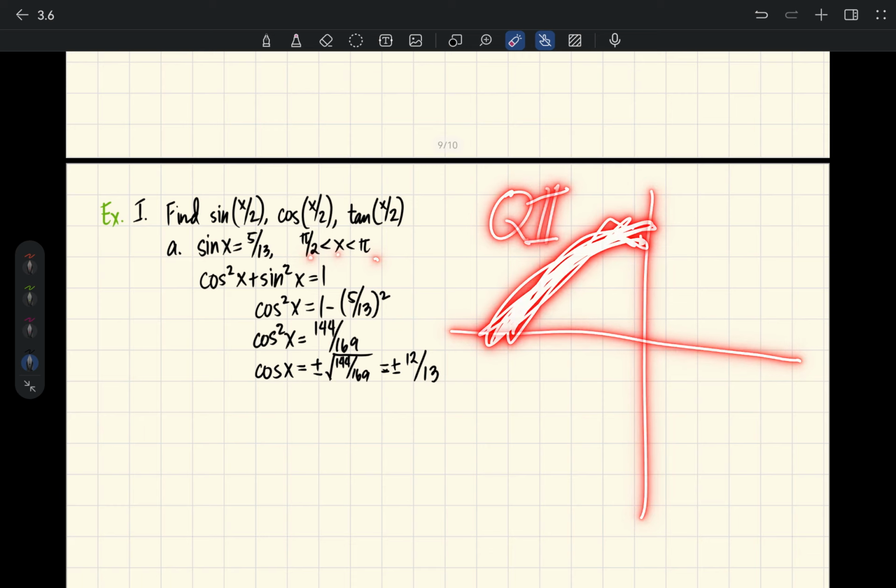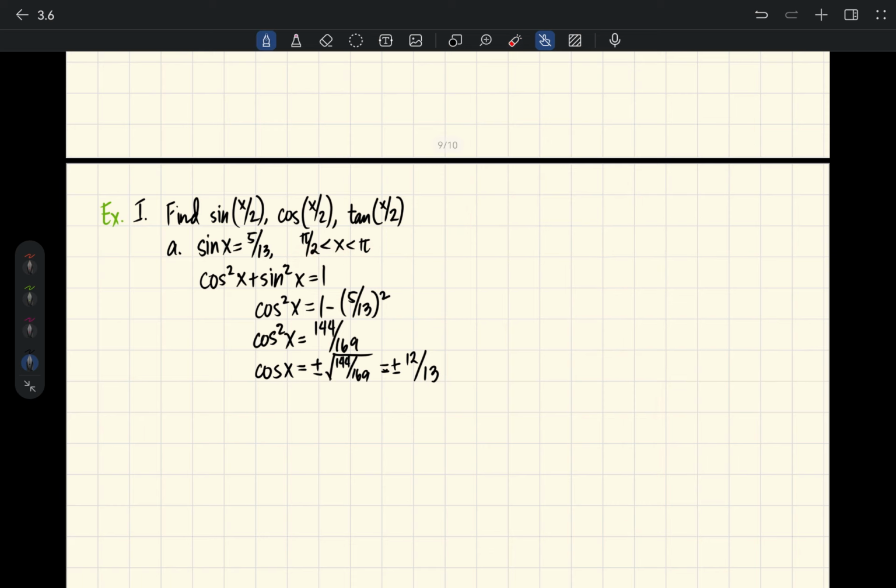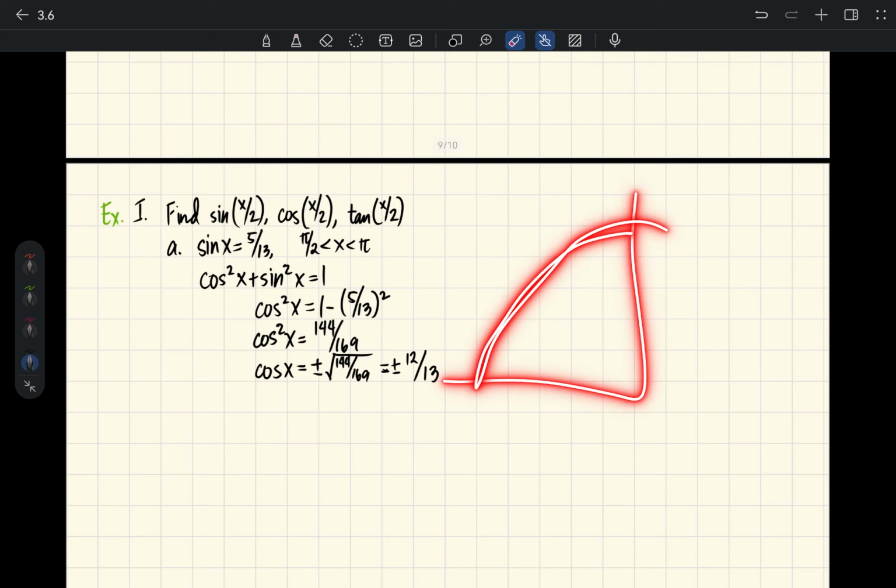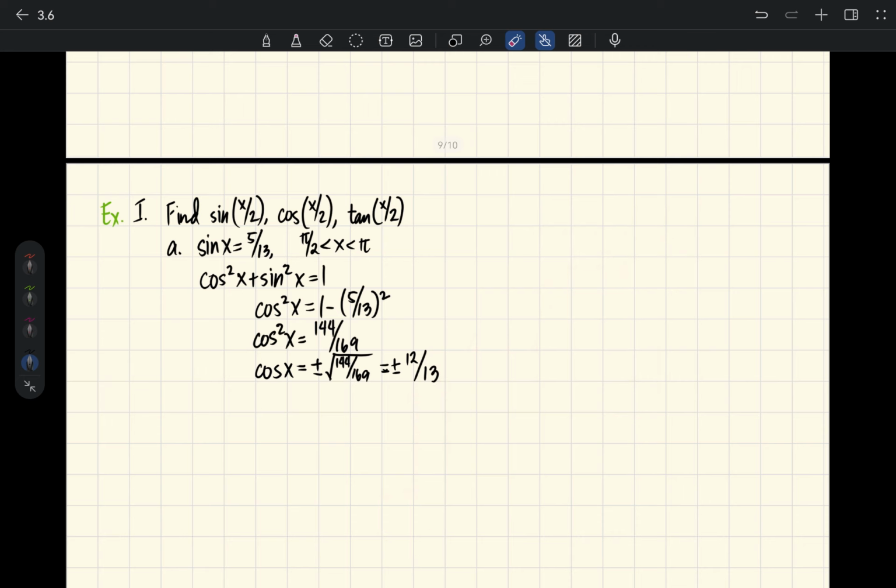In quadrant 2, the x values are negative, and x values correspond to your cosine. So that means we will take the negative component. That's negative 12 over 13, since the point of x is in quadrant 2.